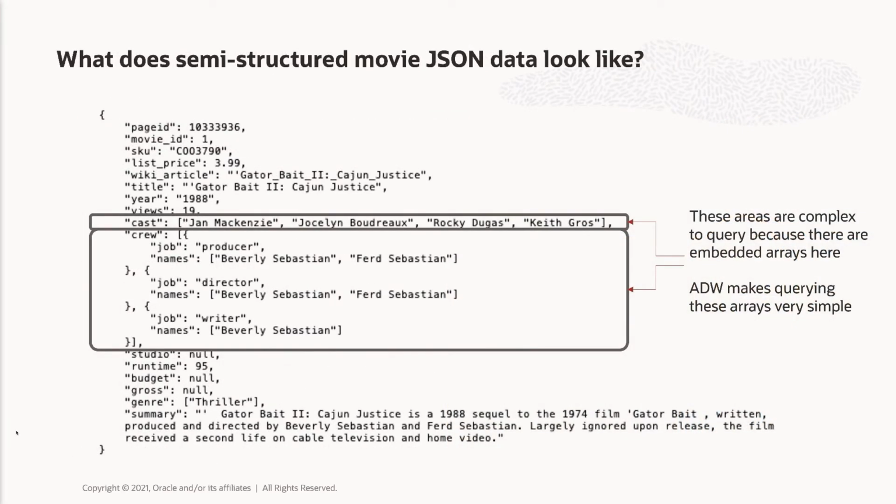But let's just have a quick look at what typical semi-structured JSON data looks like. As you can see here, there's different parts to this. So we have one particular element here. This is the data for a particular movie. That movie is called Gatabait 2, and you can see there's different pieces of information here.